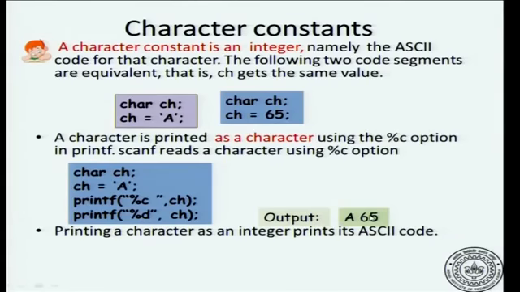It will print 65. So remember that the external form that we see is the letter A, while the internal representation is the number 65, because 65 is the entry in the ASCII table corresponding to the character A.